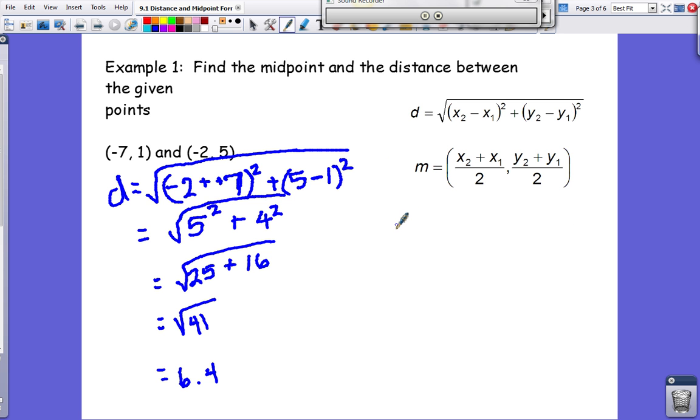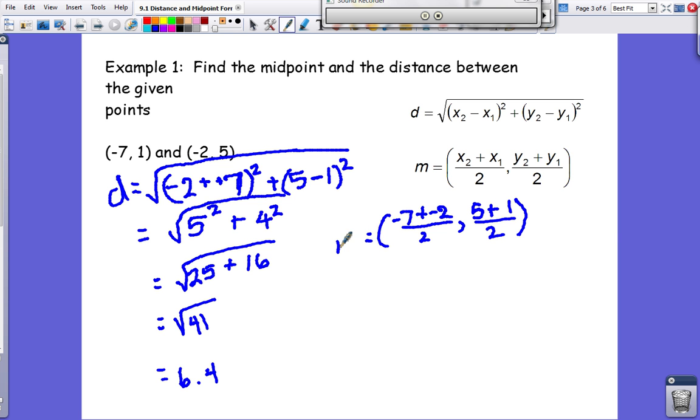Okay? Now to find the midpoint, all you're going to do is add the x's. So the first x is -7, plus the second x, -2, and we're just going to divide that by 2. So let's go ahead and plug in our y's. So the second y is 5 plus the first one, which is 1. Now when you're actually finding the midpoint, it doesn't really matter which one you do, because if you take 5 plus 1 or 1 plus 5, you're going to get the same thing. Okay? So you just got to remember you have to add the x's and divide by 2.